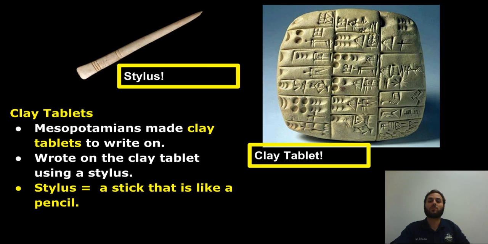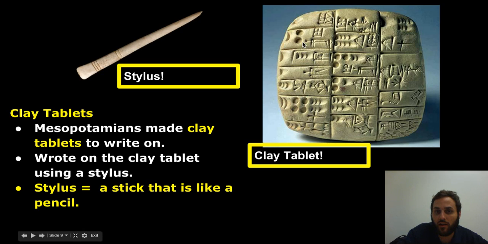So Mesopotamians would get their clay tablet, and it would still be moist from the ground. They would take their wooden stylus and carve into the clay tablets to form their writing. As you can see, Mesopotamia's writing cuneiform has a lot of circles, triangles, and lines, and things that are easy to make with a stylus.